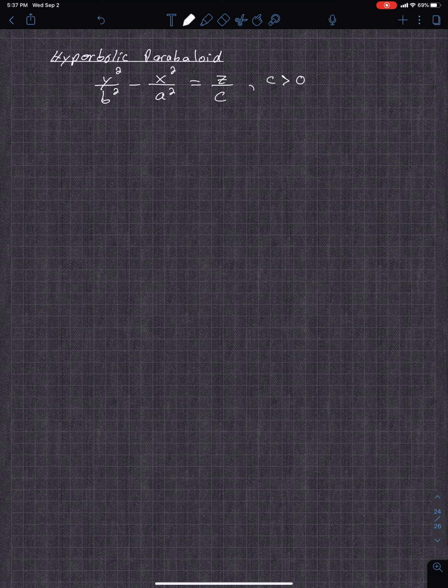So basically, what I want you to picture is this. What if you had z equal to y squared minus x squared? Okay, so you have that one, and you have z equals x squared minus y squared.